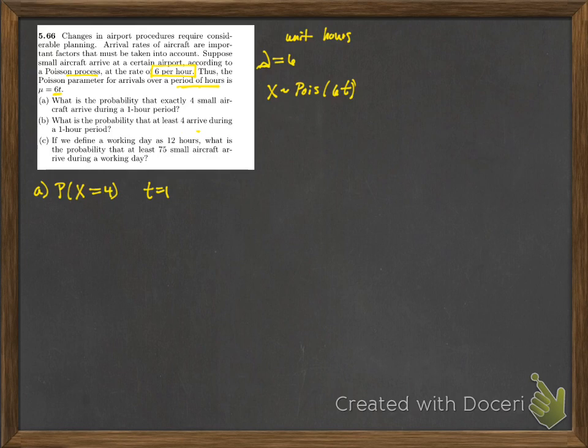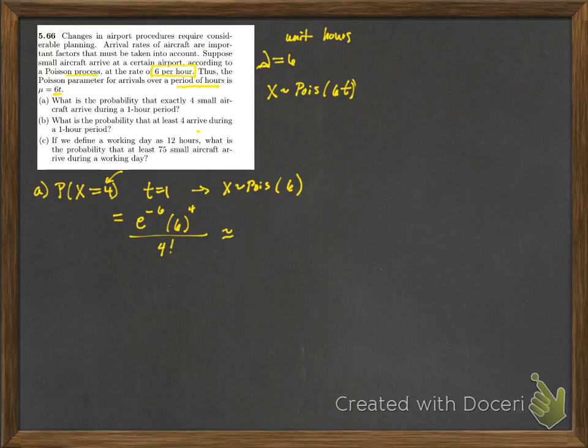So x is Poisson distributed with lambda t really just 6. By the formula from the previous page, it's equal to e to the negative 6, times 6 raised to the 4th, all over 4 factorial. It's easy to solve. That's our answer, whatever that approximates to.